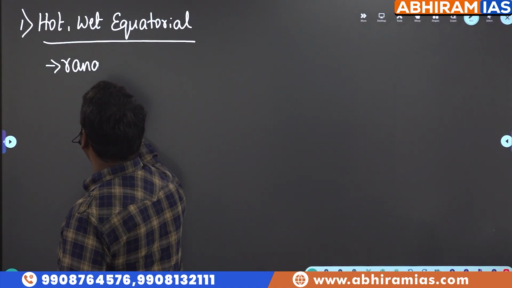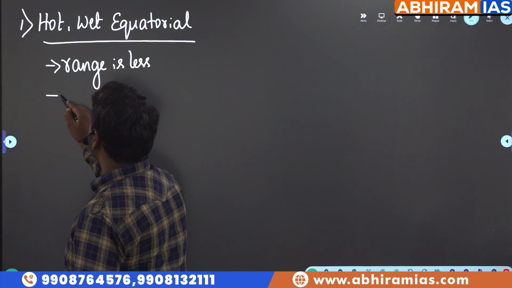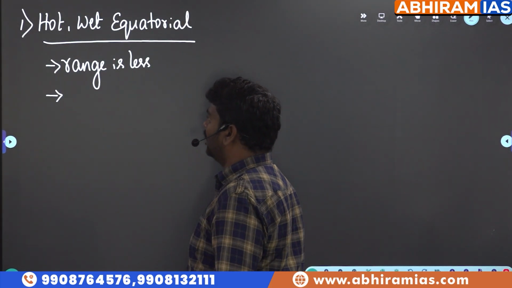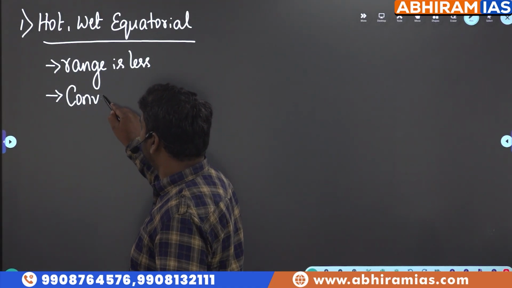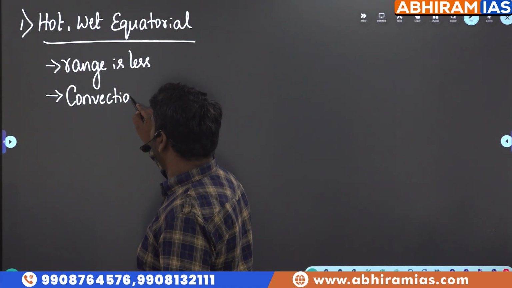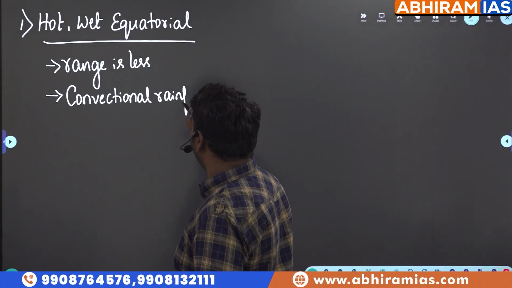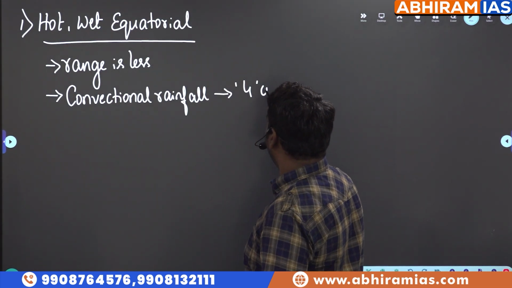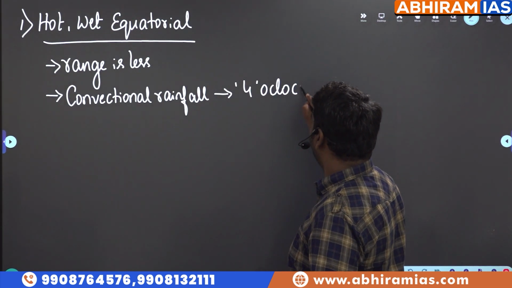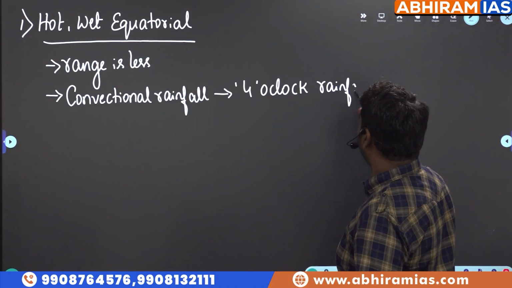Range is less, and insolation is responsible. So we say there will be convectional rainfall. What is convectional rainfall given here? Four o'clock rainfall.